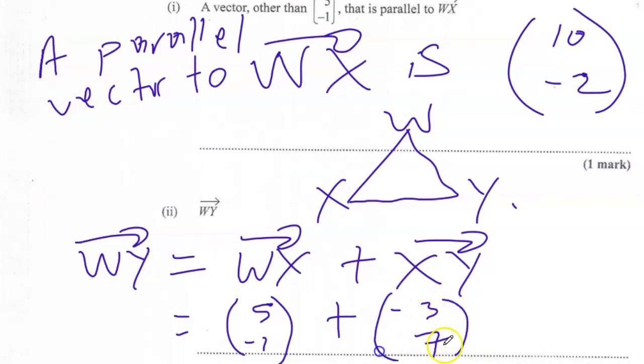Add these two vectors. 5 plus negative 3, that's 2. Negative 1 plus 7, that's 6.